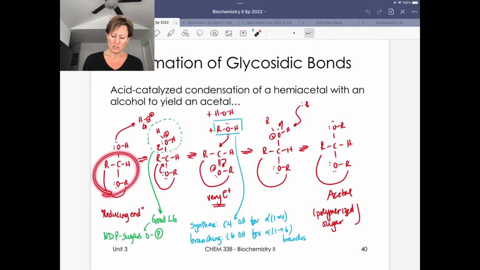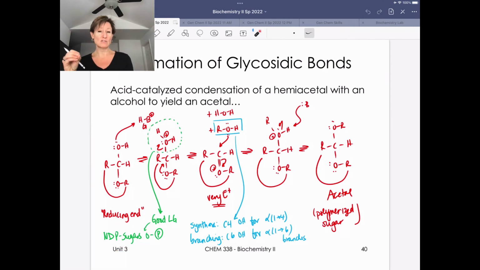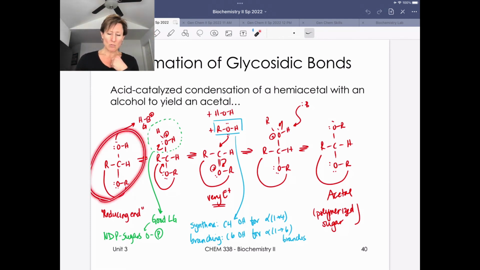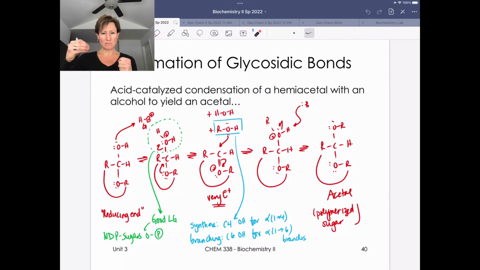We've got glucose that has a great leaving group, an NDP sugar, a nucleotide diphosphate sugar. Remember how we actually do our coupling chemistry: we have a growing glycogen polymer, and the monomer that we add is not glucose. It's actually UDP-glucose. It's glucose with a UDP great leaving group, okay?